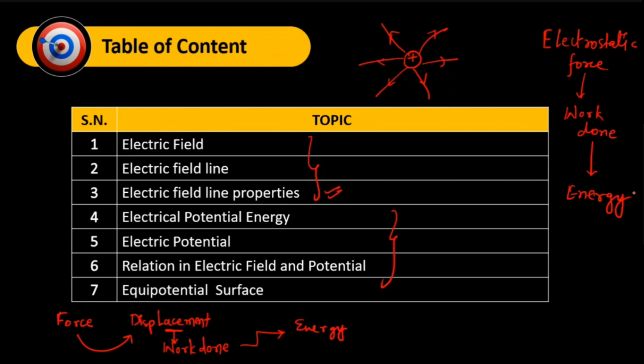It simply means that the particle or the object must have some energy because of which it is able to do some work, and the force which plays the role here is electrostatic force. This is the basic procedure which we are going to follow in almost every unit. So let's start this lecture and talk about all these things in detail.